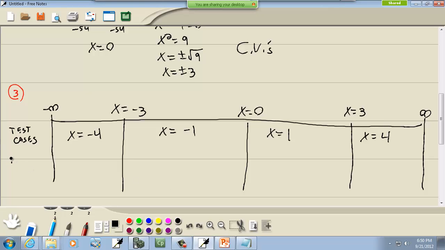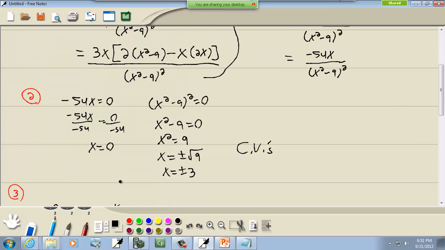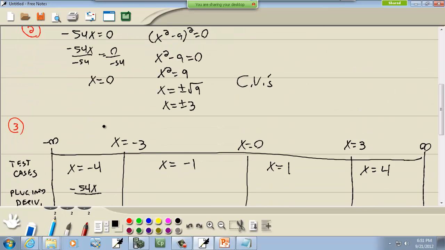Now we want to plug these into our derivative. So let's go up and see what our derivative was. Negative 54x over x squared minus 9 squared.